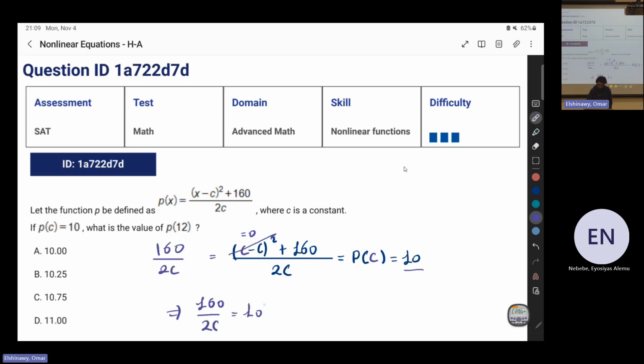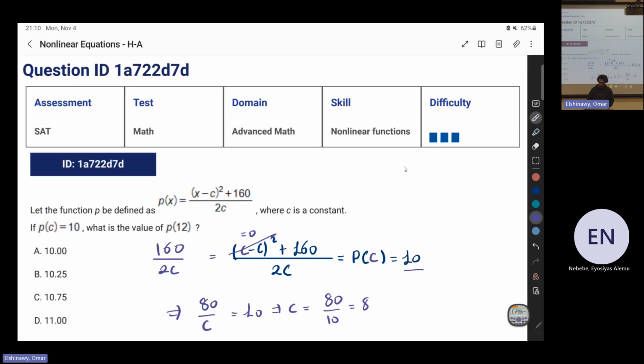Well, 160 divided by 2 is 80, and I'm still dividing by c. So 80 divided by c is 10. So c is 80 divided by 10, so it equals 8.